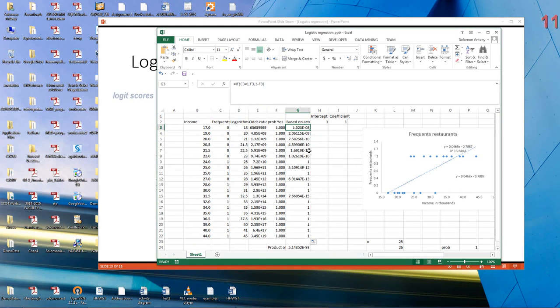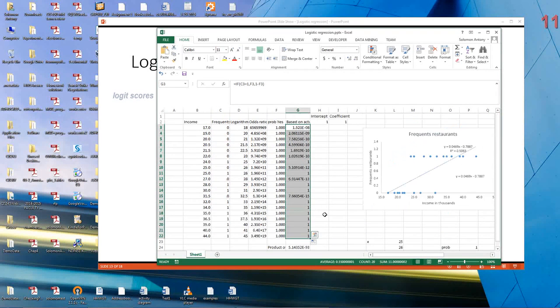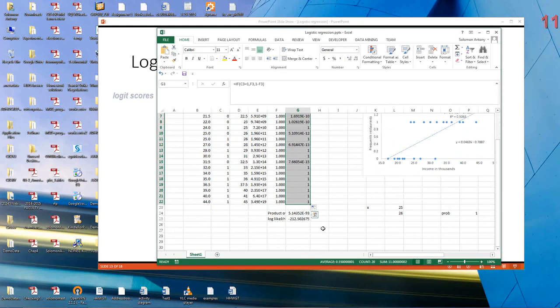Then I have to take all these log likelihood values and multiply them, take a product of all those numbers. Now fortunately in Excel we have a function for that. It's called product. So product G3 to G22 will get me the product of all these numbers. Then I take the log of those products to get negative 212.5.